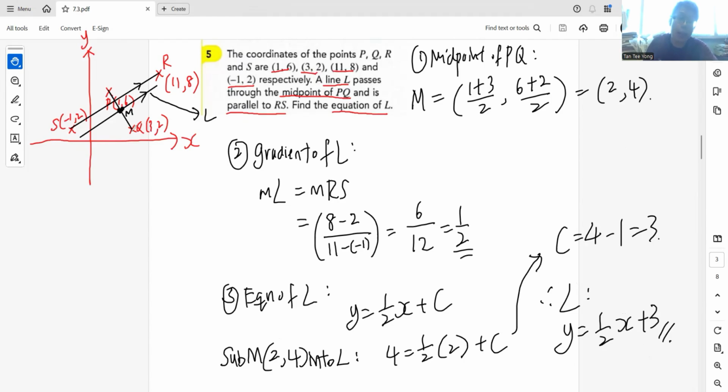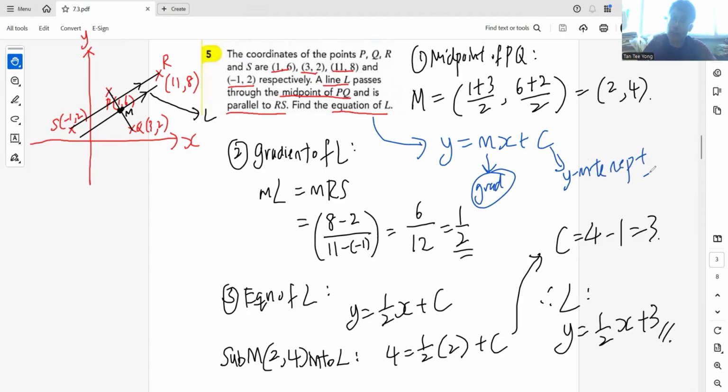So basically, in order to find equation of a line, you need to have y equals to mx plus c, right? So most important thing is you need to have the gradient, and you need to have the y-intercept.